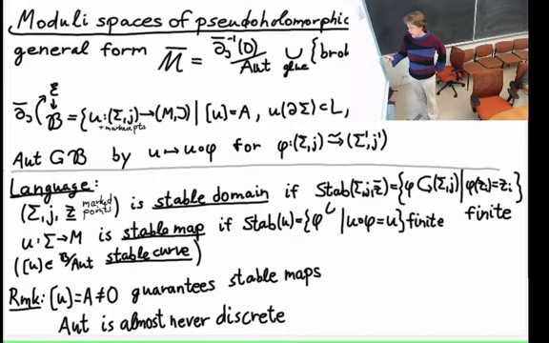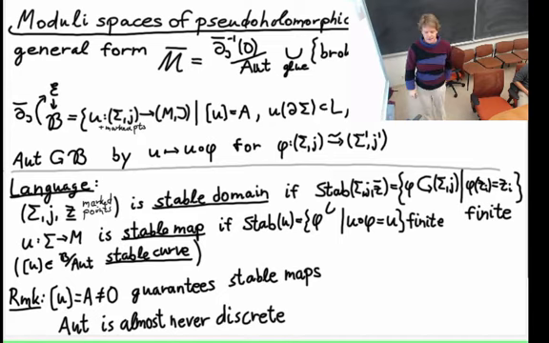We'll often work with such finite stabilizers, but the basic example that we had, the sphere with one marked point, has a four-dimensional stabilizer. Right? So that's not a stable domain. And the sphere with three marked points? The sphere with three marked points is stable, exactly.